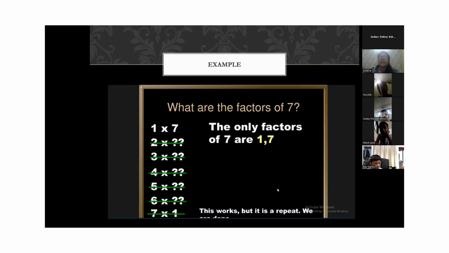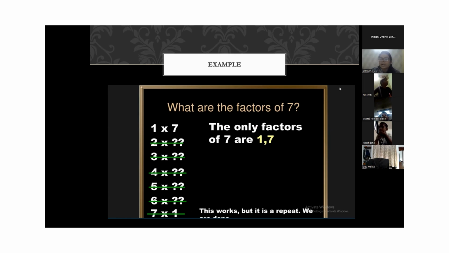Moving on. Now see, depending on the factors, students, numbers can be classified into 2 categories. That's called prime numbers and composite numbers. Depending on the number of factors that a number has, numbers can be classified into these 2 categories.